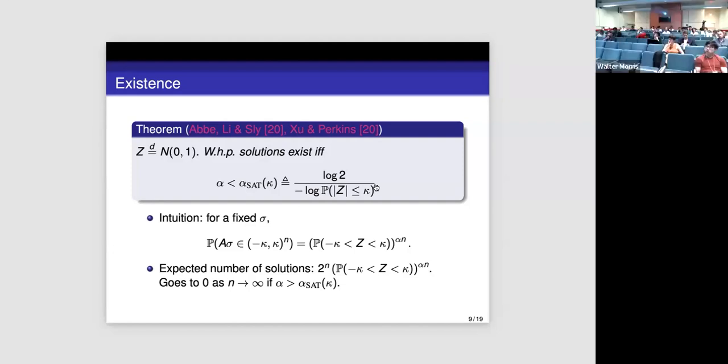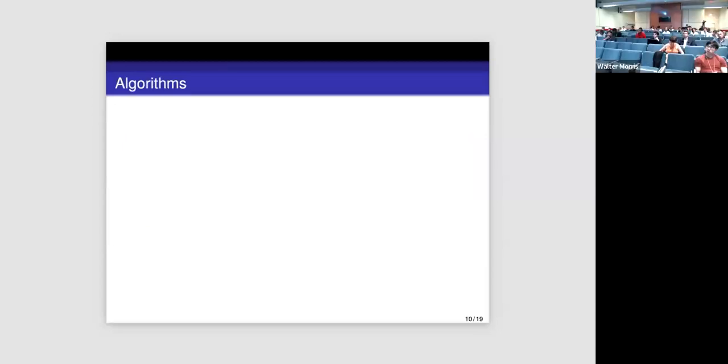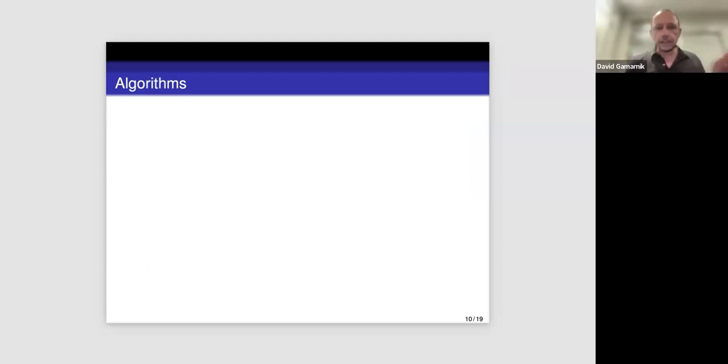This is an existential result. Our focus now is on algorithms. When can we design a fast algorithm to find a solution if we are in a regime where the solutions do exist with high probability? Now, this becomes part of the large body of problems with random inputs where you want to find something algorithmically.